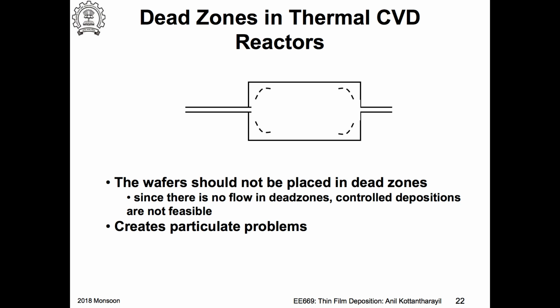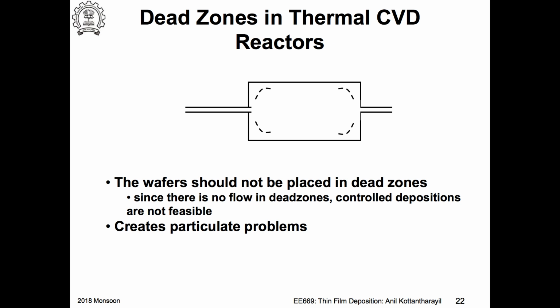I look at the pressure indication and it shows me some pressure. Okay, but that's not what is happening inside the chamber, right? So you need to try to understand a little bit more of what is going on inside. Okay, so these are what are called dead zones.